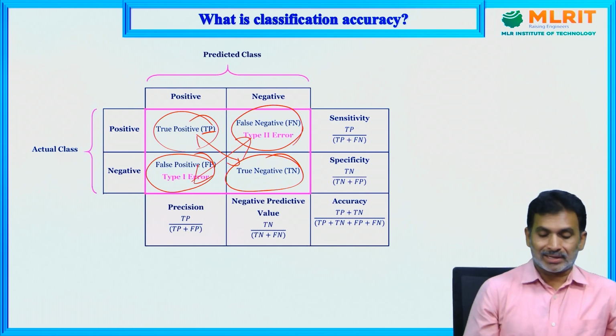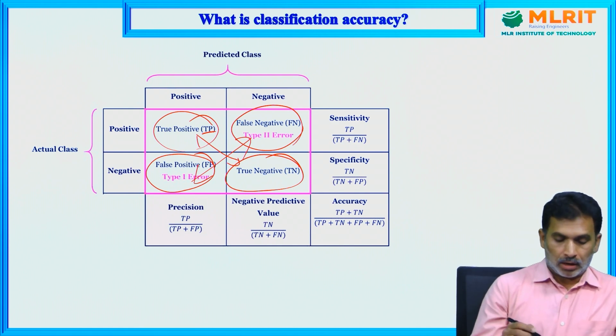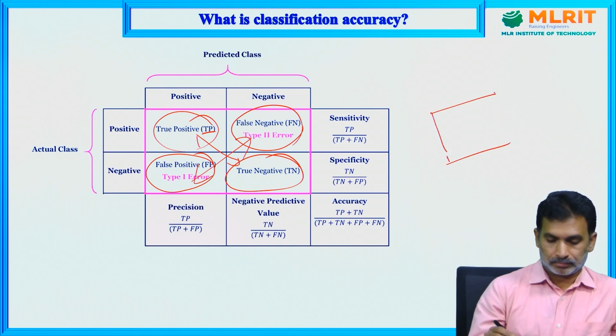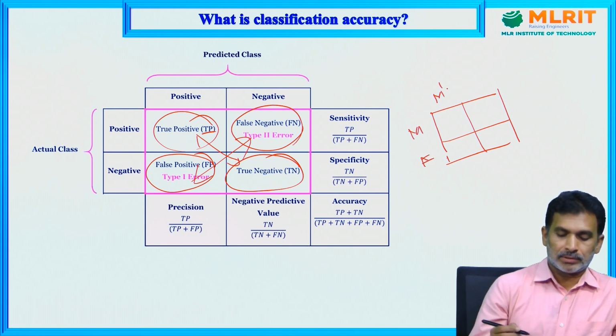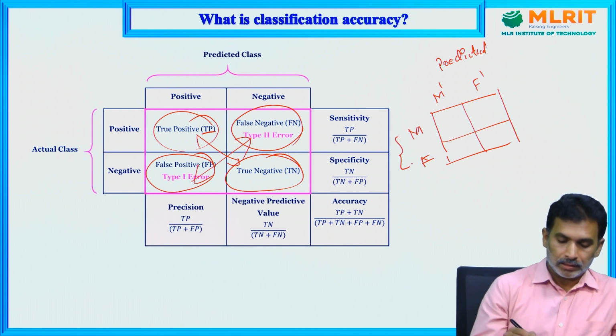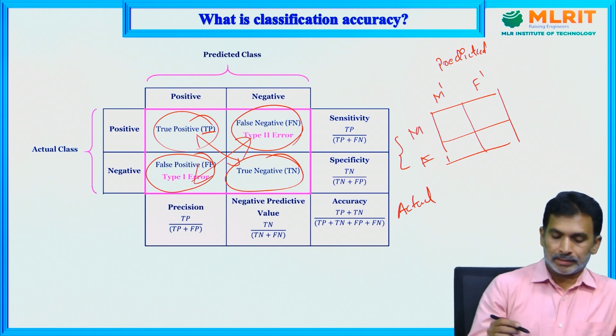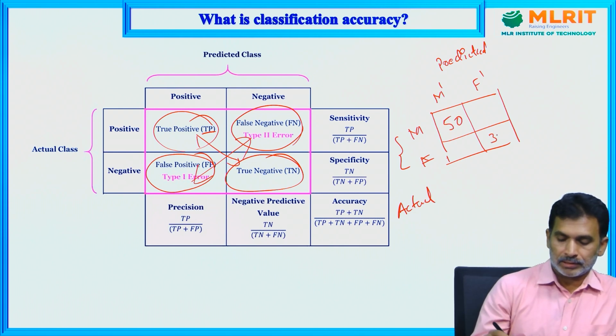Let us just quickly understand how we are going to calculate this accuracy. Suppose you take a class, male and female are the actual values, and m dash represents the predicted male, and f dash the predicted female. Let us say the values are 50, 39, 20, 15.